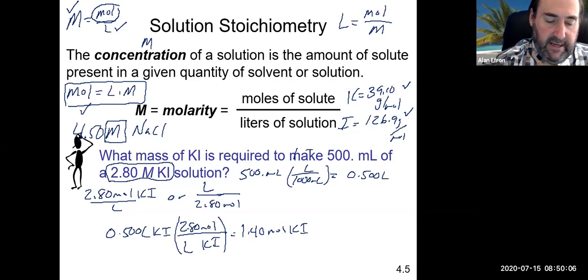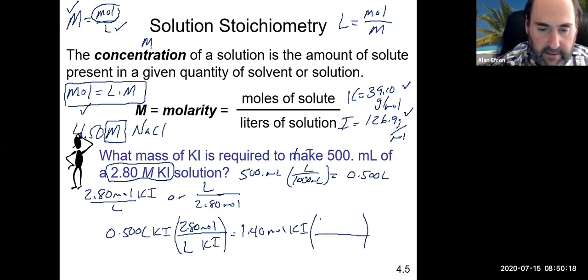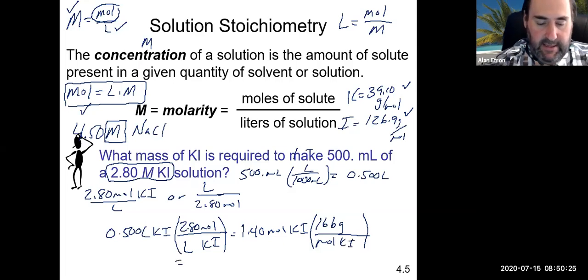So it's going to be 39.10 plus 126.9, something like 166 grams per mole, again, coming from the periodic table. And that's going to get us something like 232 grams of KI.